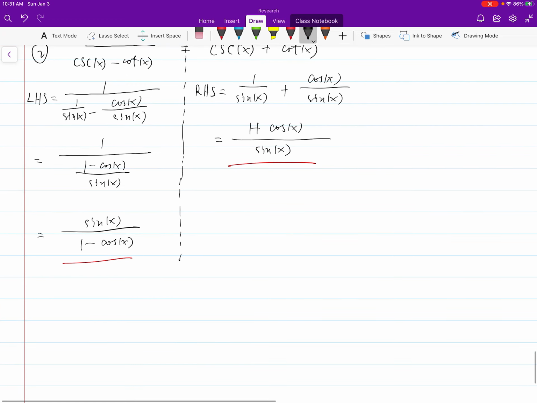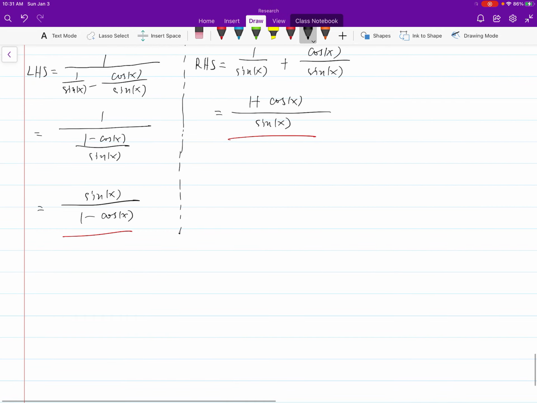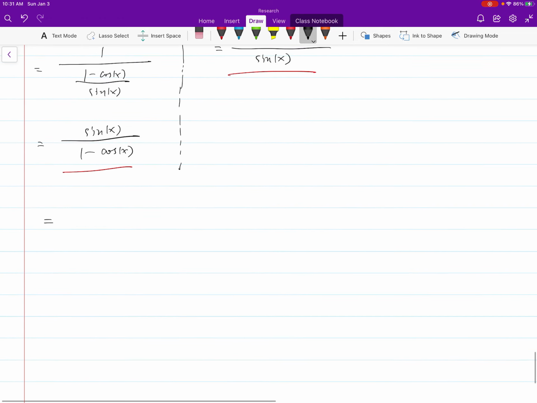So my goal is to make sure this equals that. Now, what shall we do? Well, if you think about it, you have 2 fractions, right? To have equal fractions, the only chance you have is the top equals the top and the bottom equals the bottom. That's your only chance.